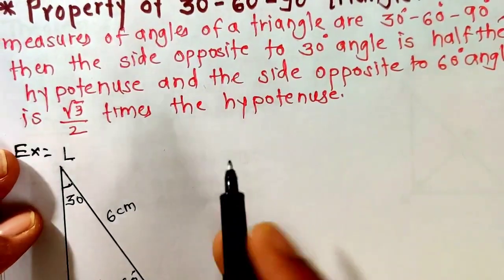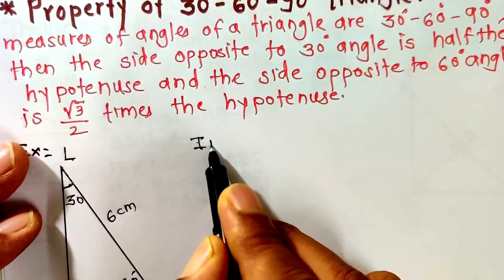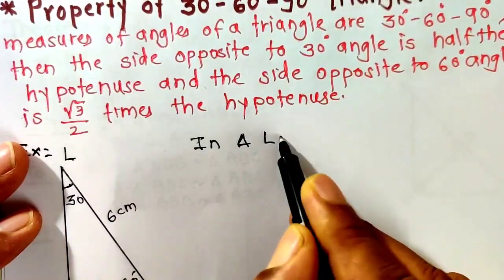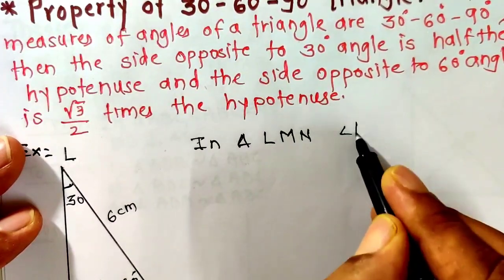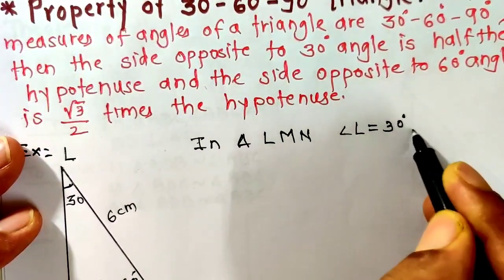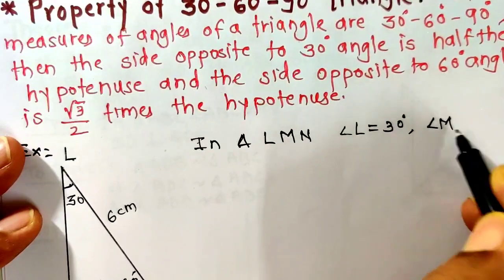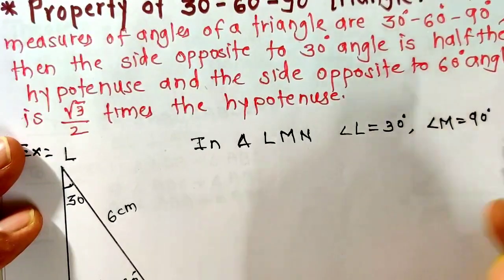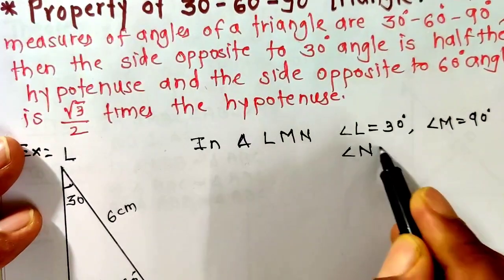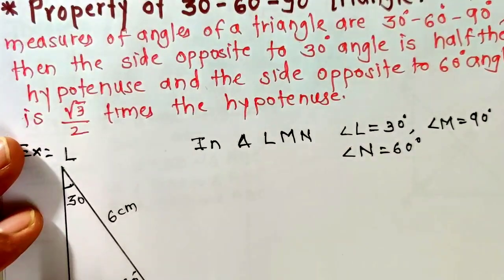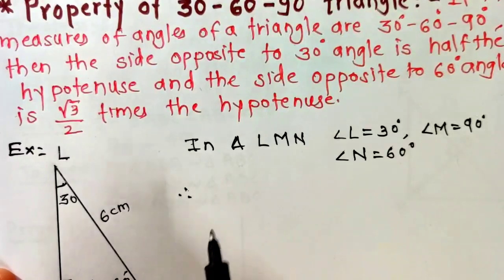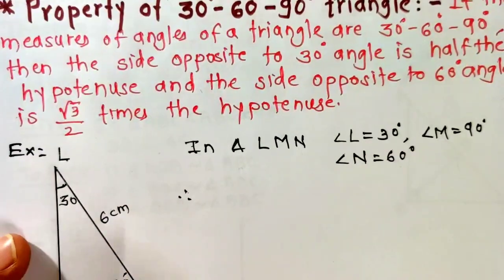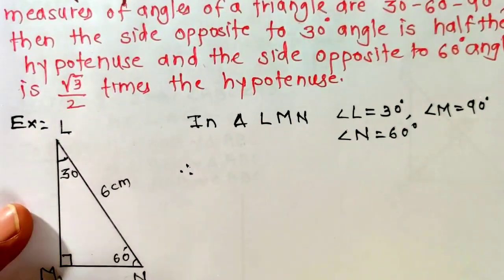So in this triangle we use this property. In triangle LMN, angle L is equal to 30 degree, angle M is equal to 90 degree, and angle N is equal to 60 degree, so it is a 30, 60, 90 triangle. Therefore, the side opposite to angle L is MN.